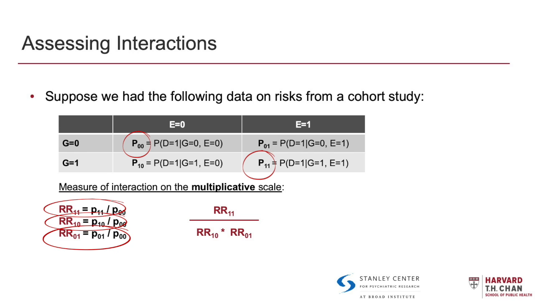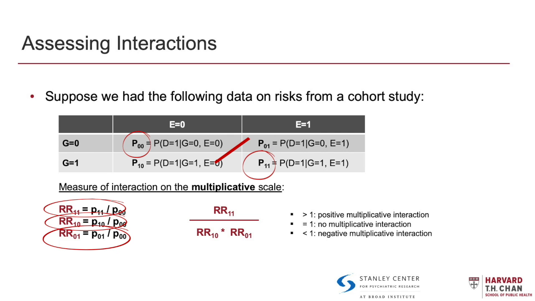So on a multiplicative scale, we would take the ratio of the joint exposure when E is equal to 1 and G is equal to 1, divide that by the cross product of the presence of individual risk factors. And we would take that value and look at the number.